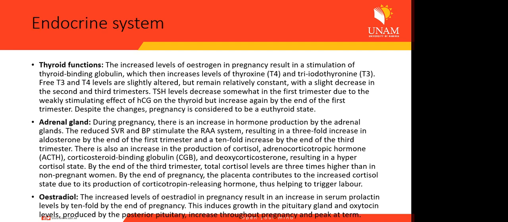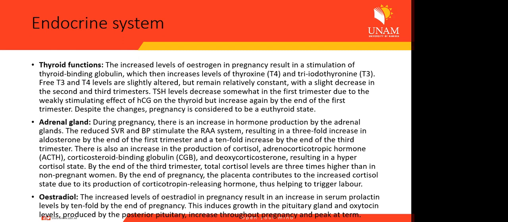The endocrine system is not spared. There's increased thyroid function, and this is due to the estrogen-induced stimulation of thyroid binding globulin, which leads to increased levels of thyroxine and triiodothyronine, T3 and T4.